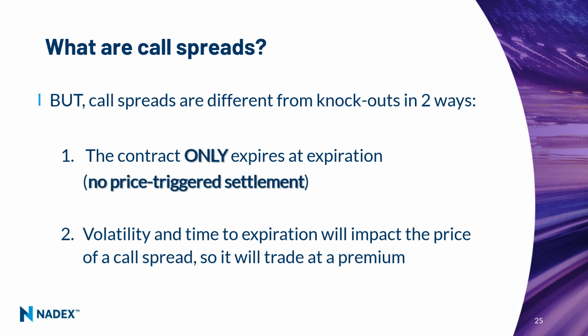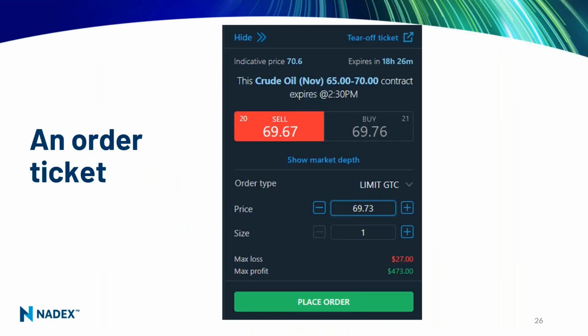If you hit the floor or ceiling, there is going to be a premium, and that premium will expand or contract based on how much volatility there is in the market and how much time to expiration. Because of that, people tend to trade call spreads differently than they trade knockouts. And I will show you that when I jump over to the platform.